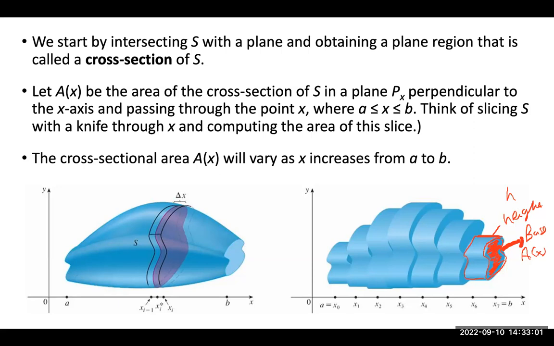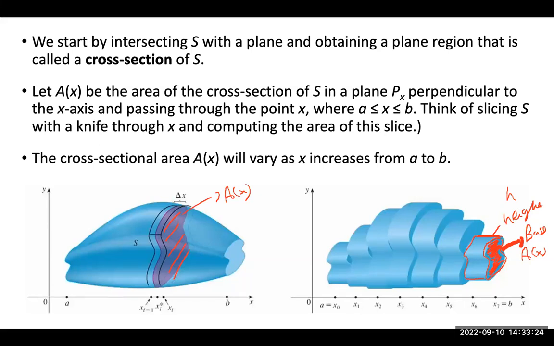And if we do that, what does this tell us? Well, if A is the area of the cross section of S on a plane Px that's perpendicular to the x-axis, meaning A represents this area right here. Your slices are going to start from wherever the shape starts all the way to the end.